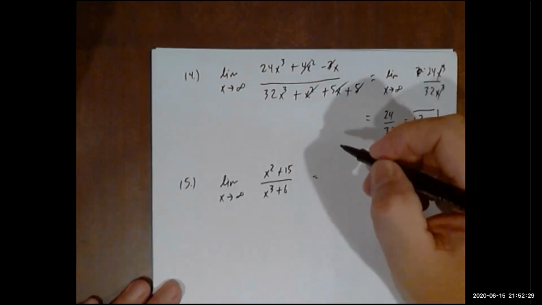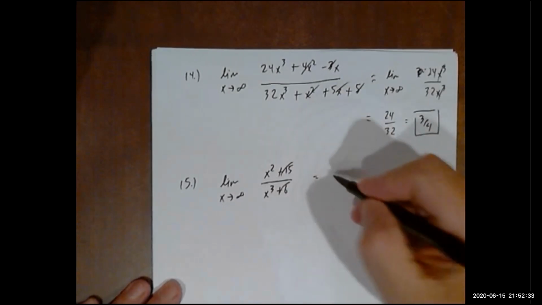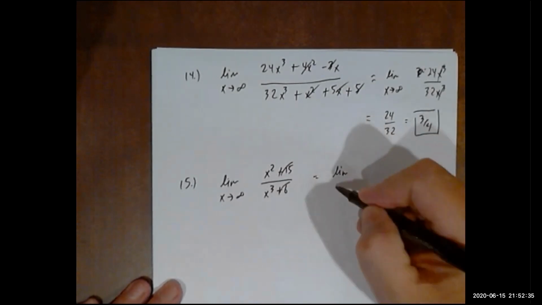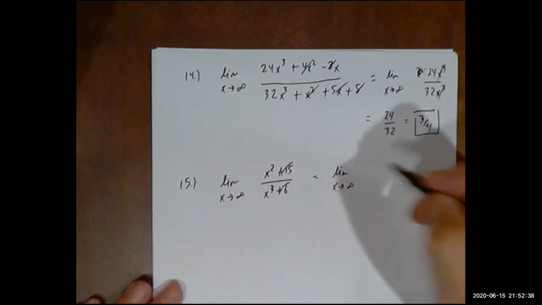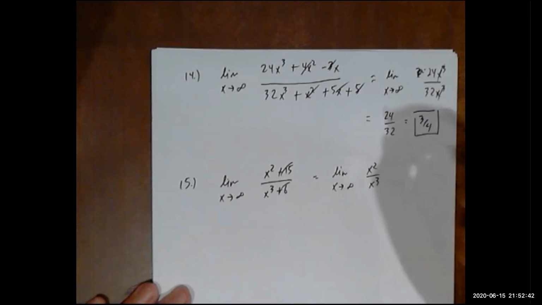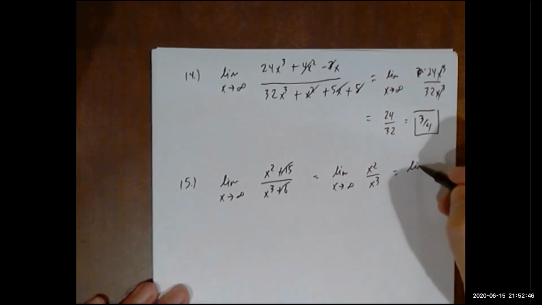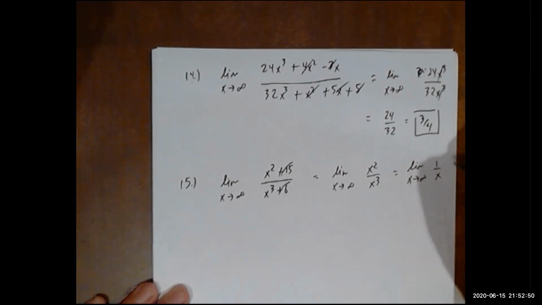Do the same thing here. Get rid of everything but the leading terms. So you're left with the limit as x approaches infinity of x squared over x cubed. If you cancel and reduce these, you have the limit as x approaches infinity of 1 over x.